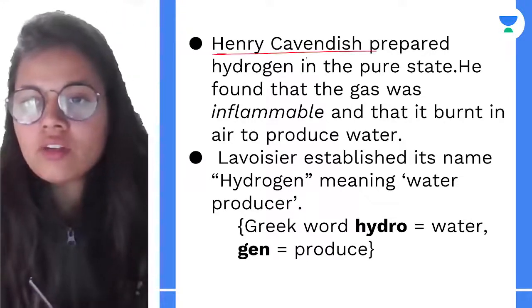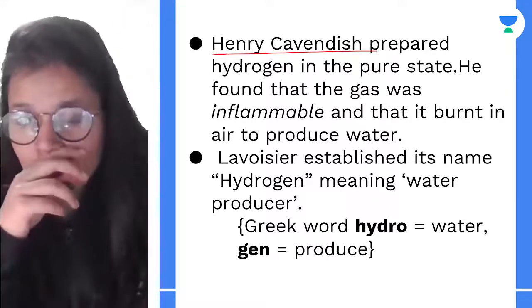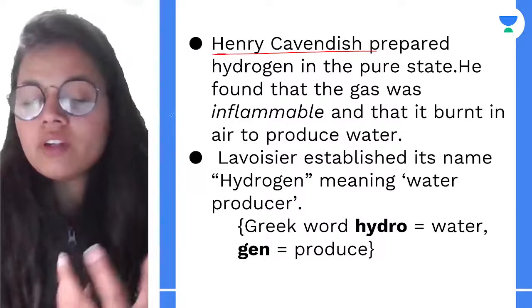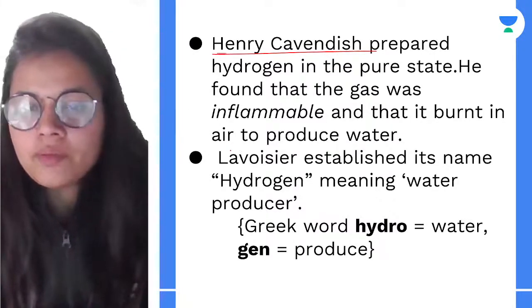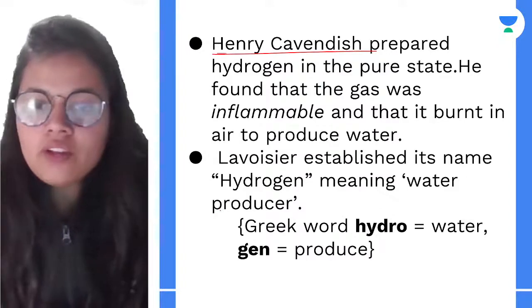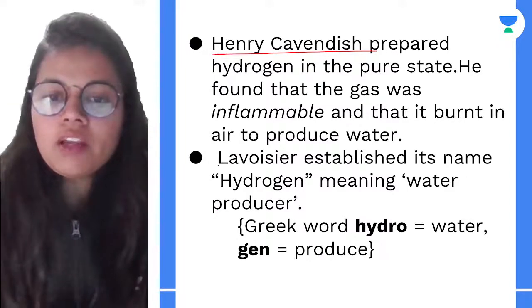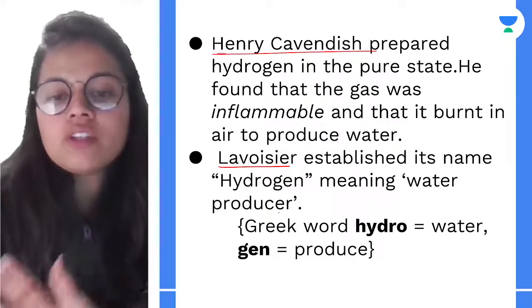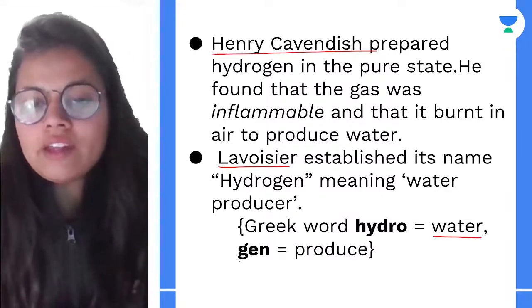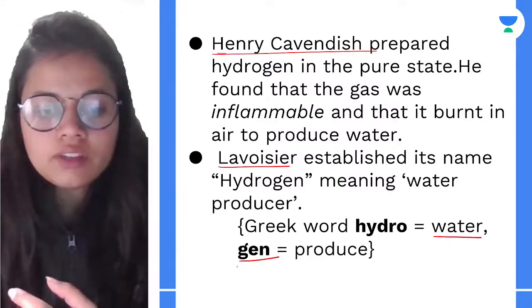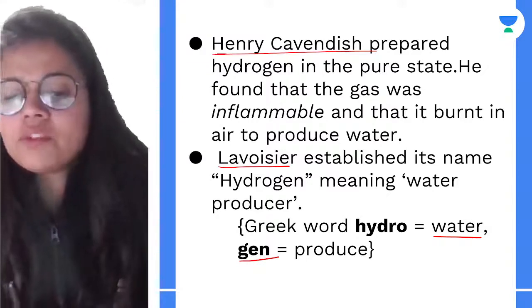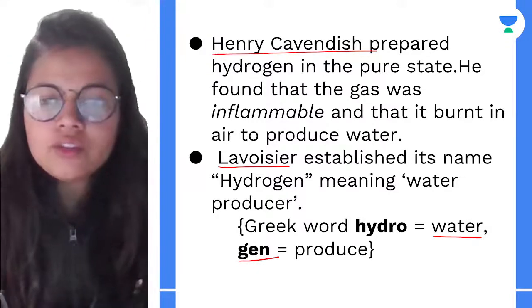Henry Cavendish, and he found that this gas was inflammable and can burn in air to produce water. The term hydrogen was given by Lavoisier, and hydrogen means water, hydro, and gen means generator or producer. So these are some general things about hydrogen.